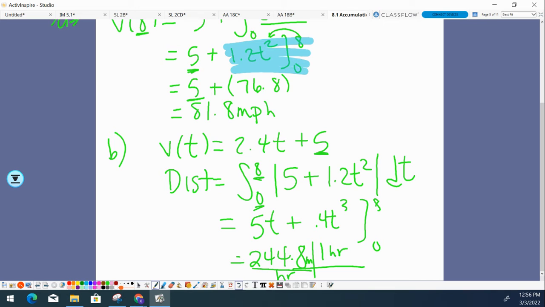So now I got to convert 1 hour into seconds. I'm going to use my little T-chart. So we have to divide that by seconds because we're talking about 8 seconds here. All right, so then we end up with 0.068 miles.